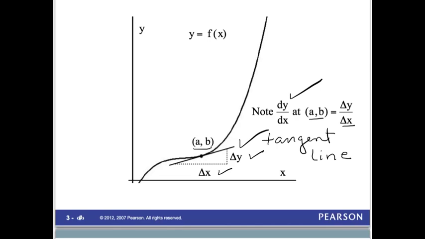Now, next we're going to draw the graph of the inverse function of what you see here. And what we're going to do is this is going to become the y-axis. We're going to interchange x and y. That's going to become the x-axis.